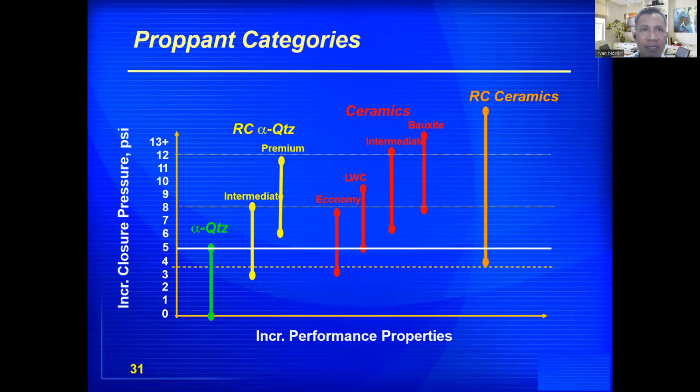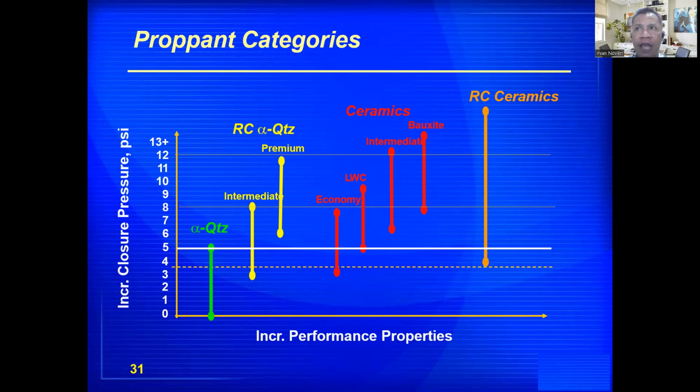The lowest and cheapest is alpha quartz, the green bar, and you notice it goes from 0 to 5,000. The reason is that above 5,000 pounds, northern white sand starts to crush, and it crushes dramatically. A little further into this, you are going to see what that actually does to your well.